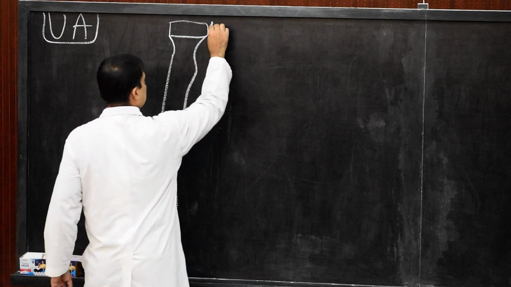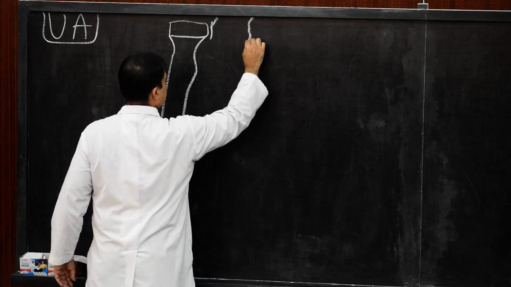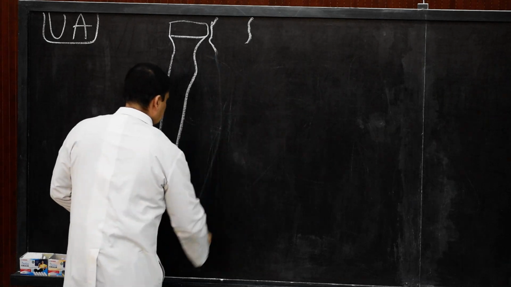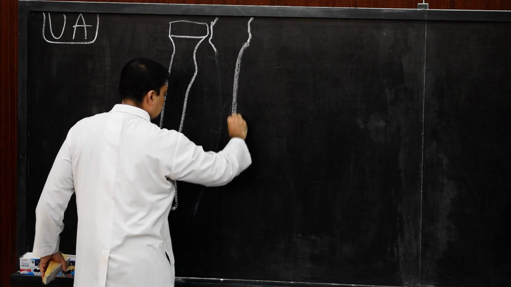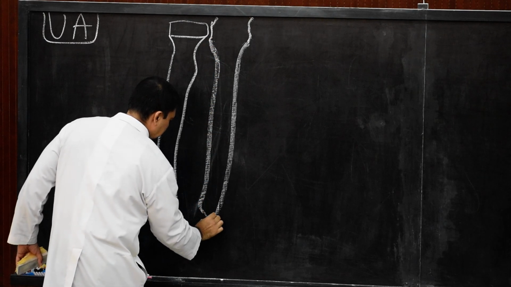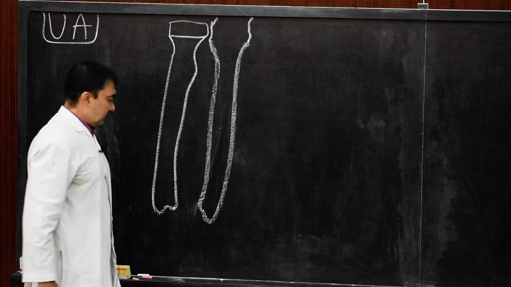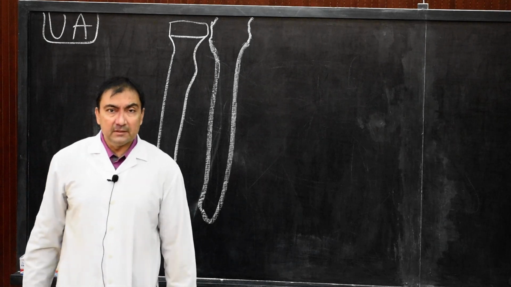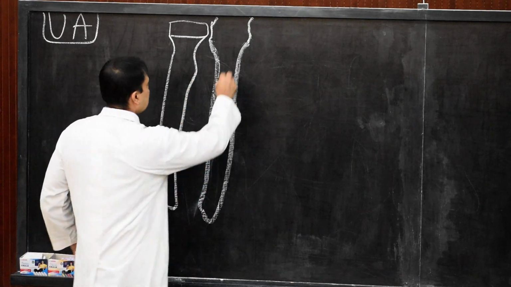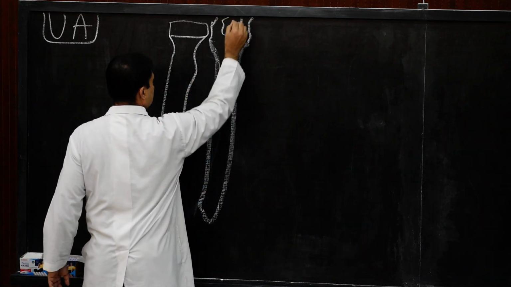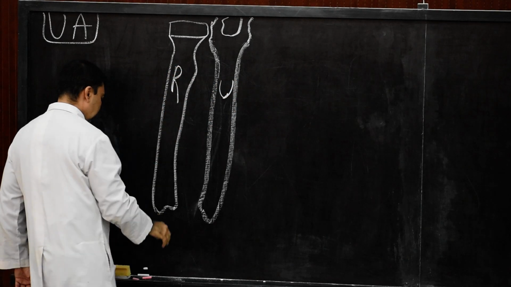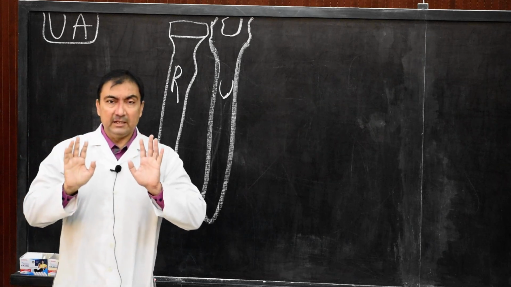So if we draw the ulna on this side, as the ulnar artery is medial to the radial artery, we try and draw these two bones, ulna and radius. So this is the ulna, this is the radius, and we try and show two muscles.